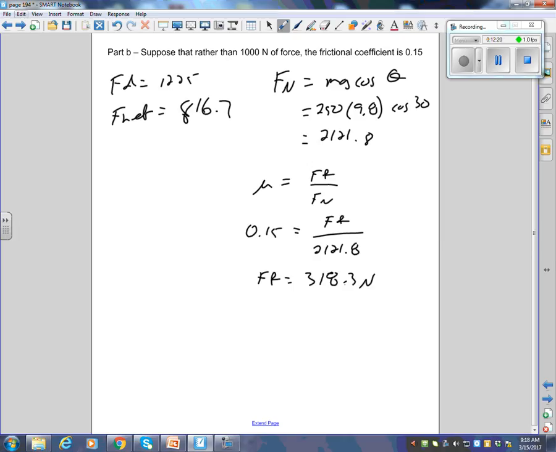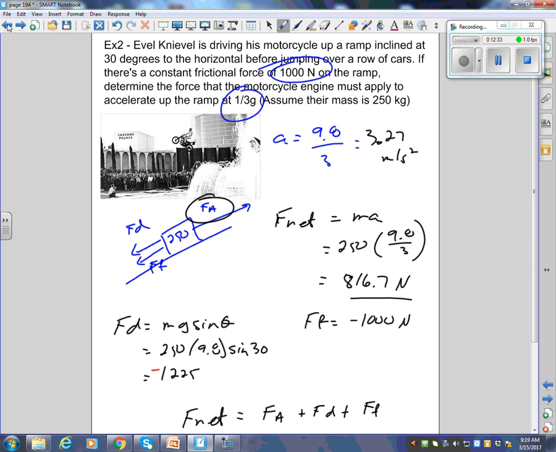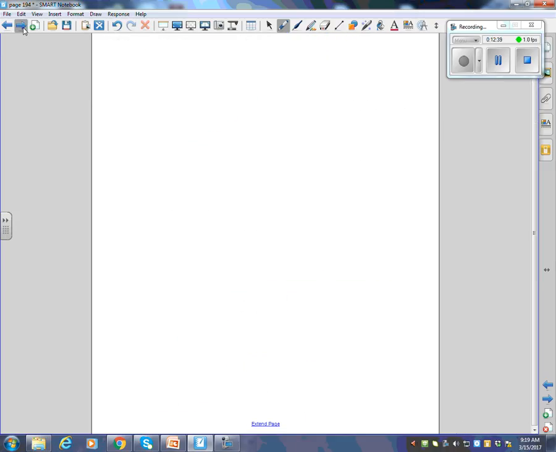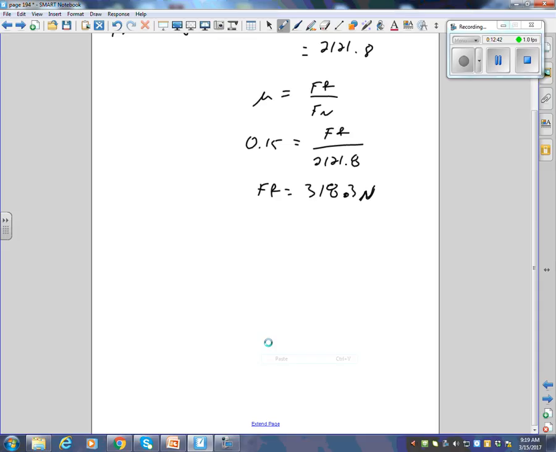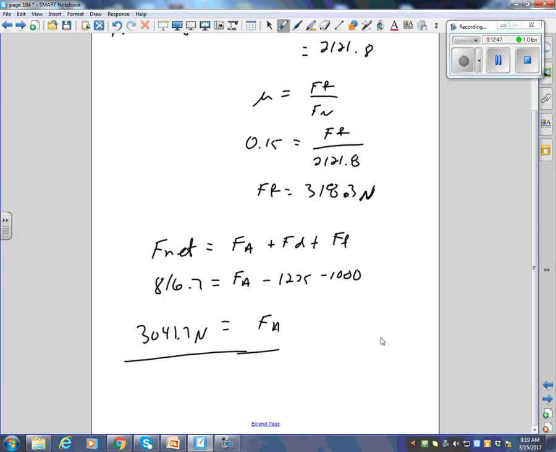Okay. And then you would just do what? The same thing, that last step, exactly, right? You'd redo this part right here, right? The only difference being now, instead of your FF being minus 1,000, now it's going to be minus 318.3. So a little bit more realistic type problem, I think.